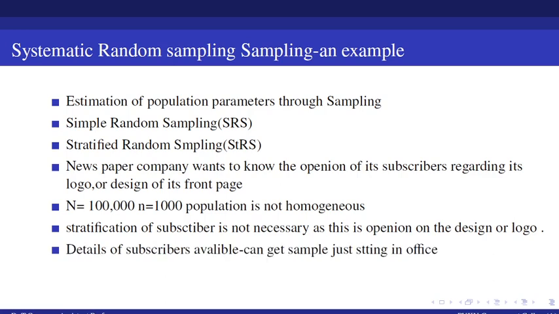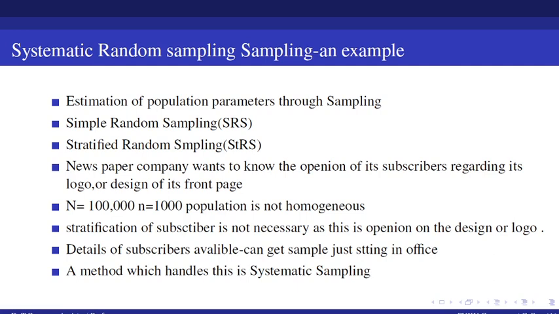Here, the up-to-date details of the subscribers are available. There is a method by which we can select the samples from the population just by sitting in the office without using simple random sampling and stratified random sampling technique. This method is nothing but the systematic sampling method.